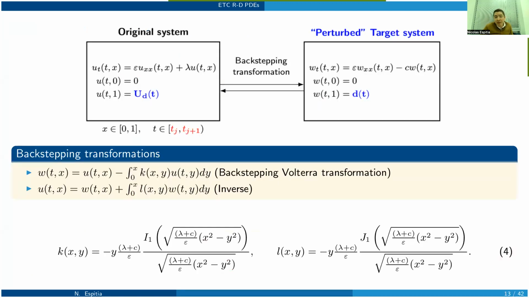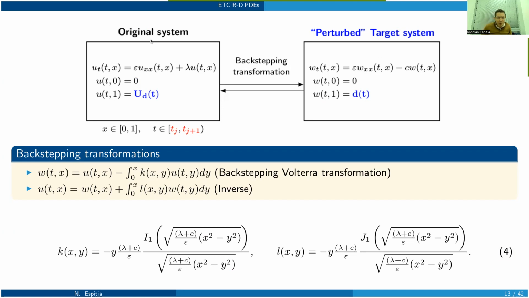And we build on the backstepping approach. For those who are not familiar with backstepping, let me recall that with the backstepping approach, we want to transform the closed-loop unstable system into a stable system that we call a target system, a system easier to deal with.